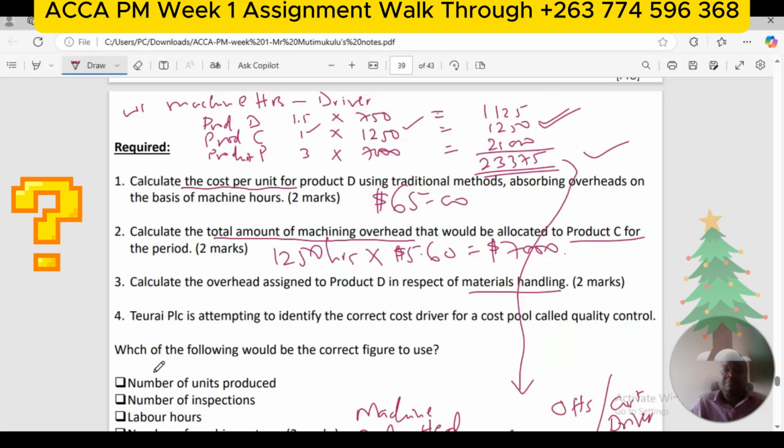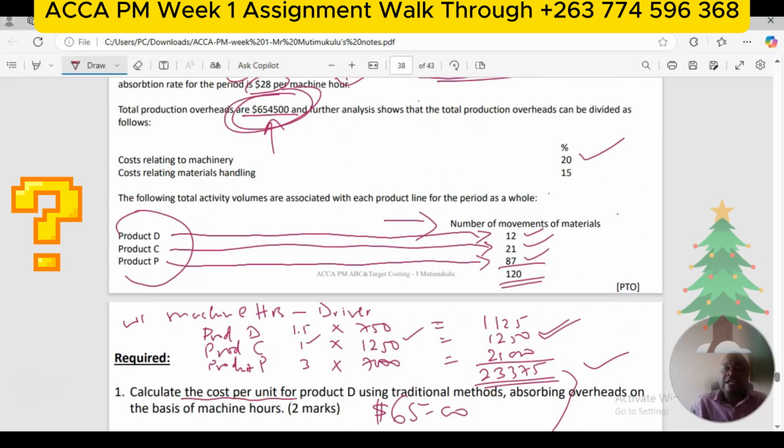That is the question. The driver of this overhead has been identified earlier on as the number of movements of materials. That's the cost driver of material handling. So material handling costs are driven by the number of movements of materials.